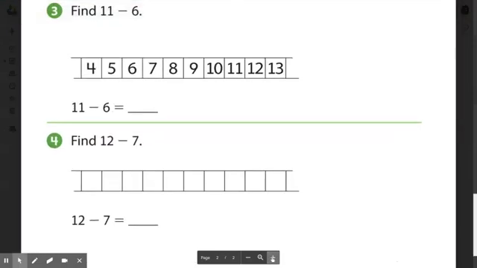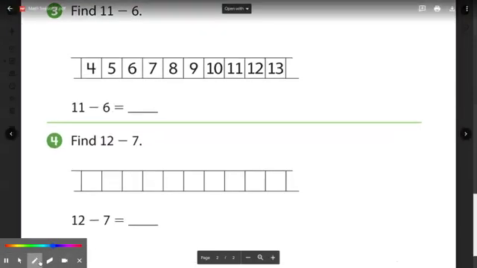I can even make that bigger. There we go. Okay, so now we are looking at 11 minus 6. That's our expression. Let's turn it into an equation with an equal sign. 11 minus 6. Okay, so let's get ready for our number bond.